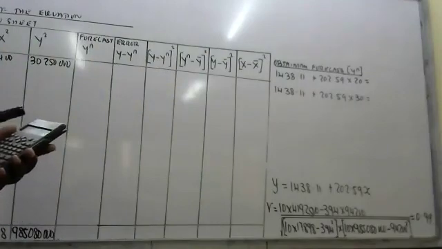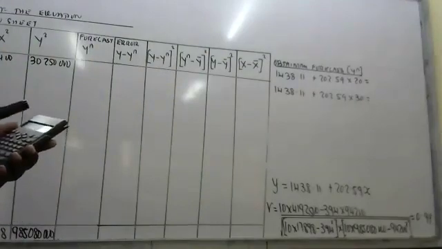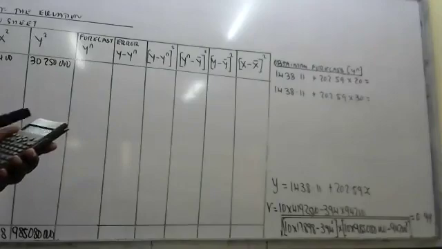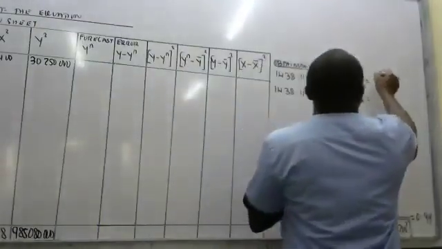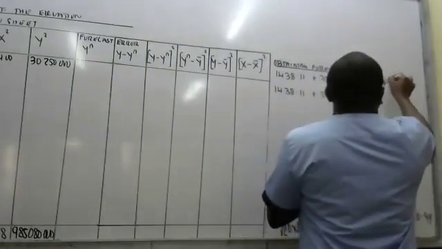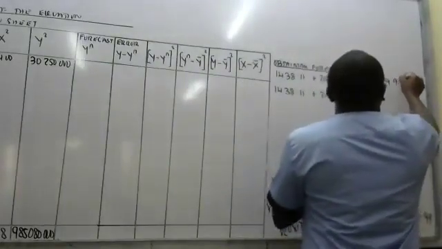1438.11 plus 202.59 times 20. I'm getting 5489.91.